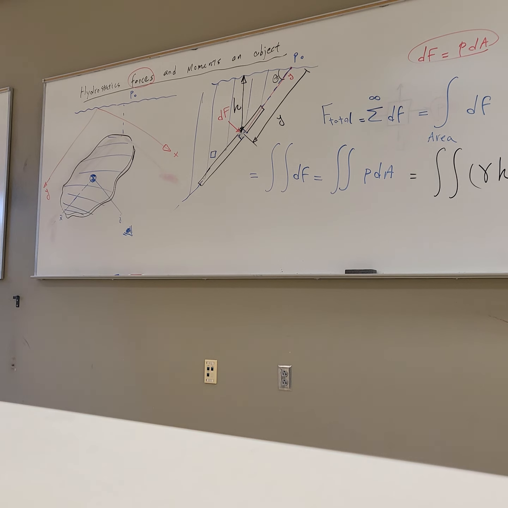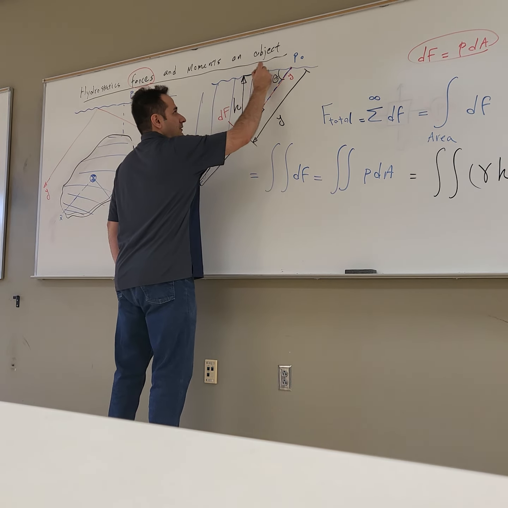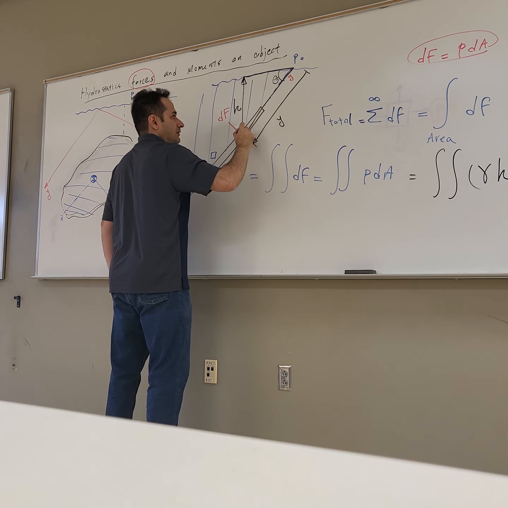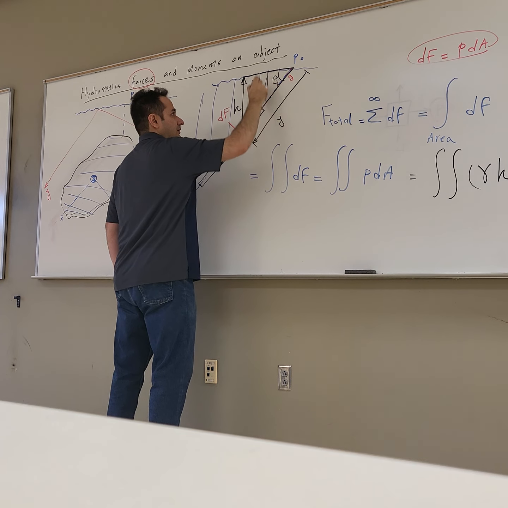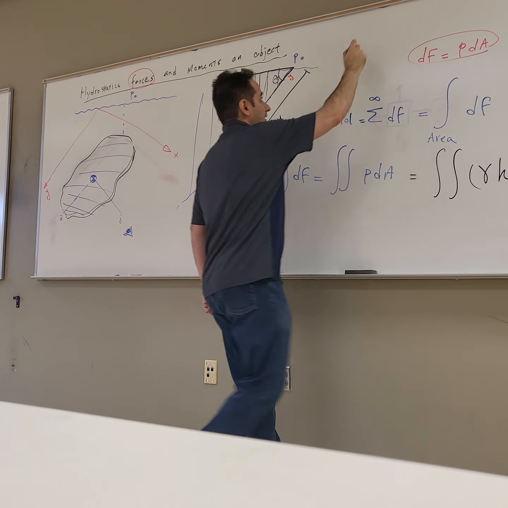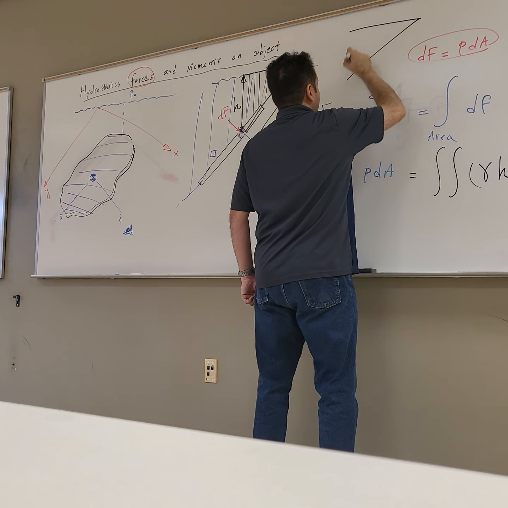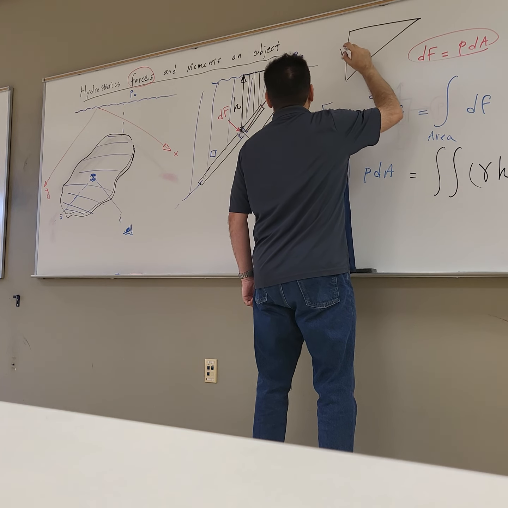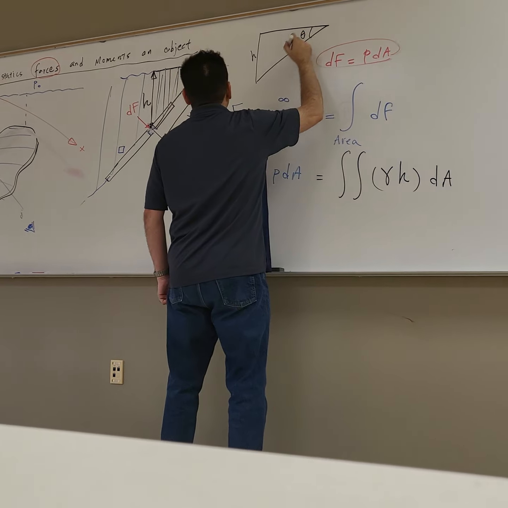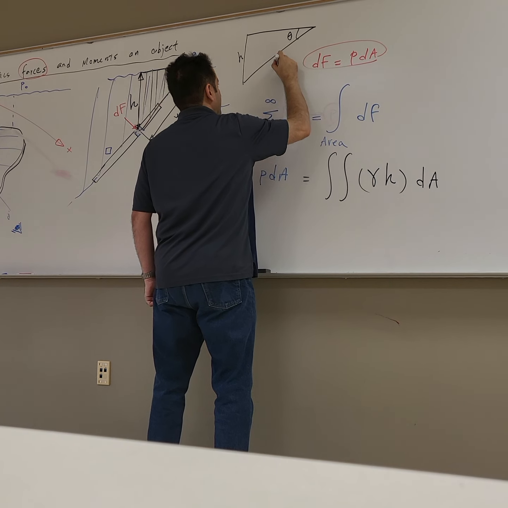Now what should I write for H? Look at this triangle. If I draw that triangle here, you see that? This is your H, this is your theta, and this is your y, this side.